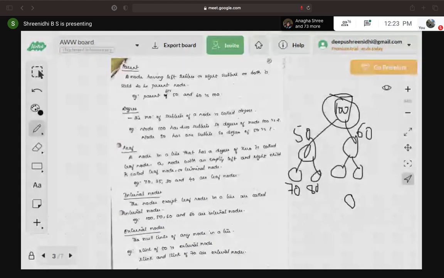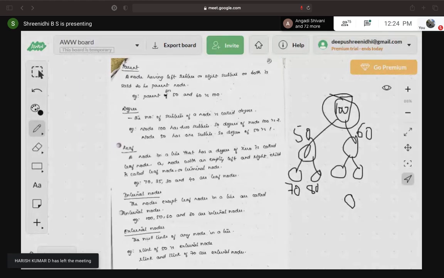So one more concept is the level of a tree. How do we calculate the level of a tree?